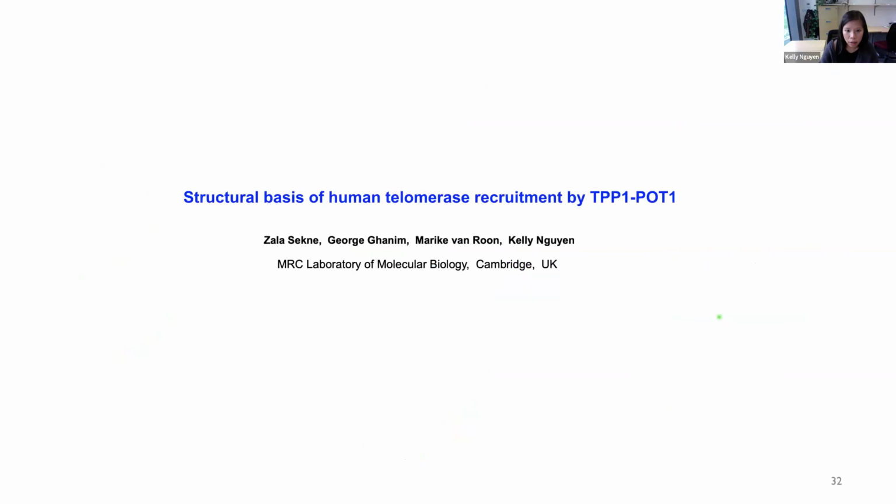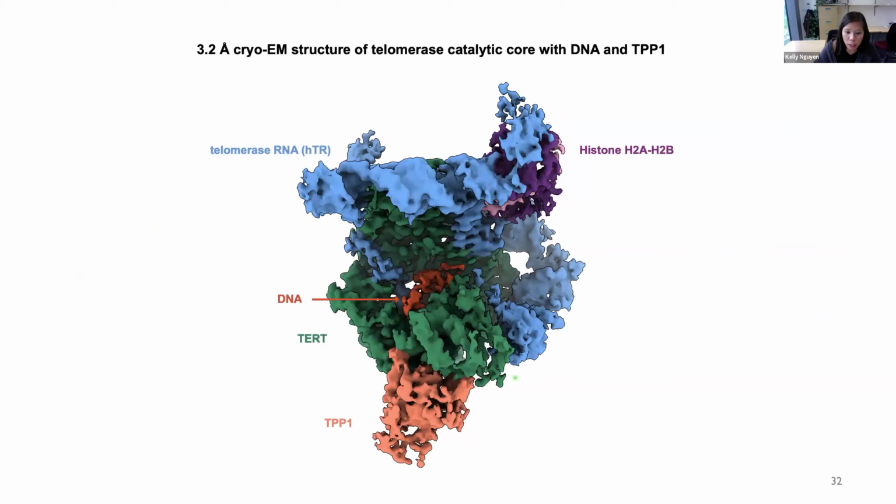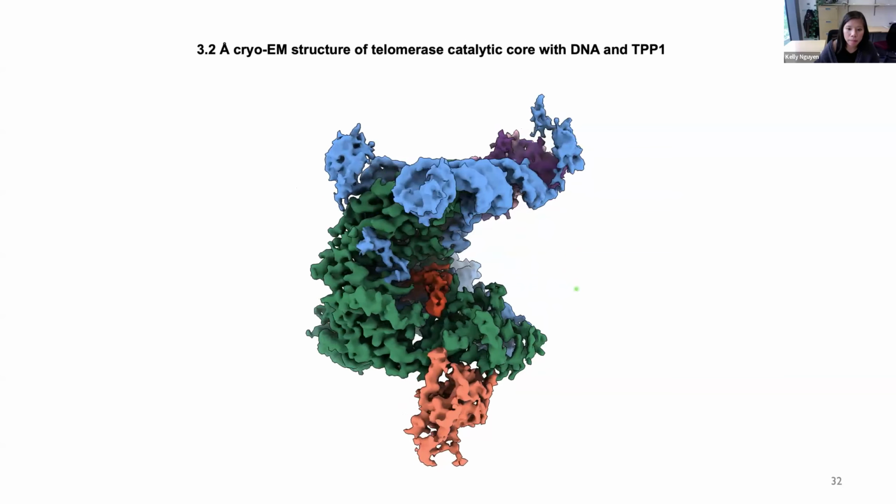So what I will show you is just a summary of this work, showing you the structures and briefly how we think these factors recruit telomerase and stimulate its processivity in this movie here. I'm going to start with the TPP1 telomerase structure, where you have TPP1 at the bottom and the subunit of telomerase on the top.